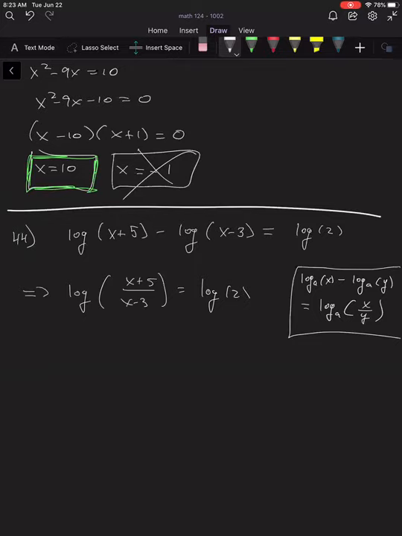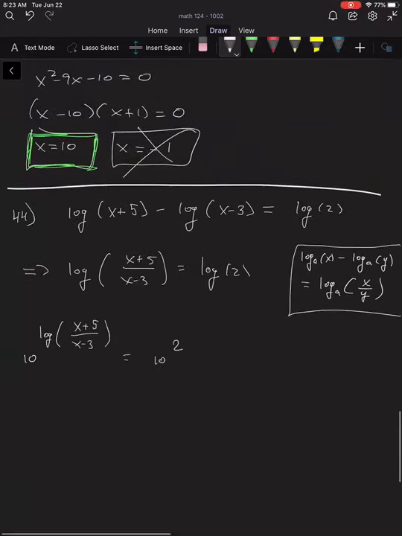So now remember these are log base 10s. So what we can do is take 10 to both sides. So we get 10 to the left-hand side, and then 10 to the right-hand side, log of 2.